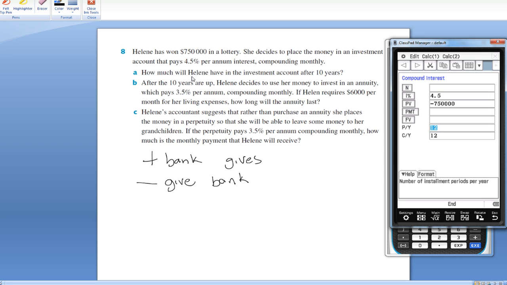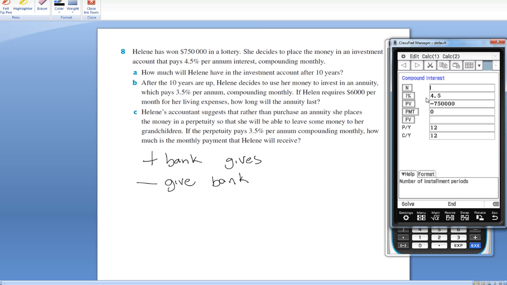Okay, how much will Helene have in the investment account after 10 years? Okay, so she isn't making any sort of contributions to the payment. So where it says payment, PMT, we put down 0. Now, it's after 10 years.